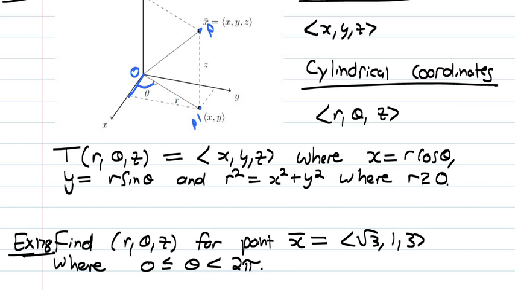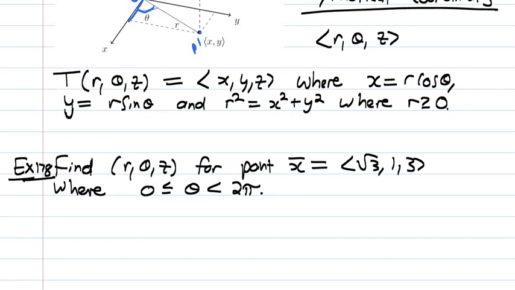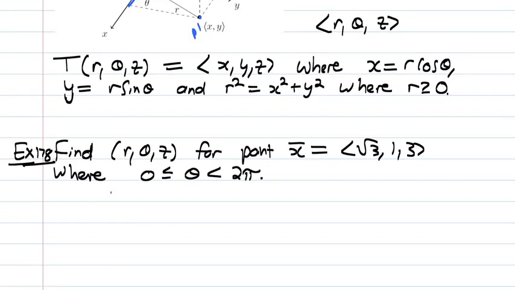Now, as you notice, to jump from rectangular to cylindrical coordinates, the z value doesn't change. So the tricky part is to work out the r and the theta. Now, it is very important to draw. So if you project that point to the xy plane, and if you forget the z value, then it becomes the following point. It becomes the point whose x value is root 3 and whose y value is 1.